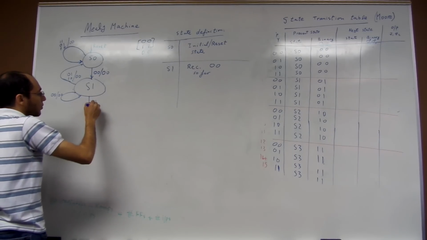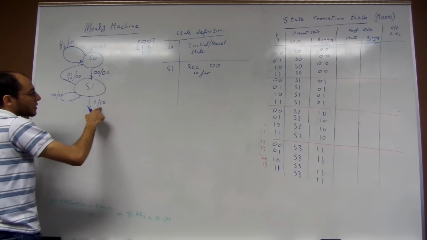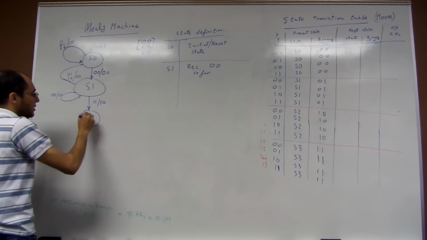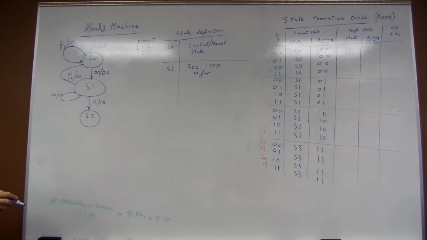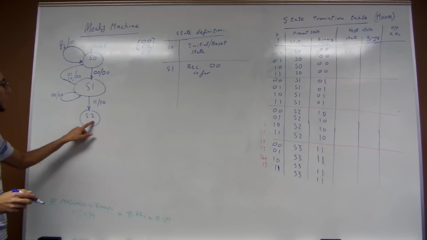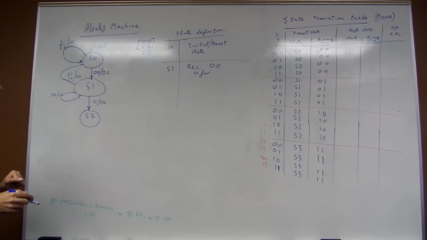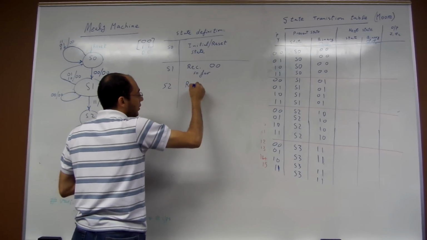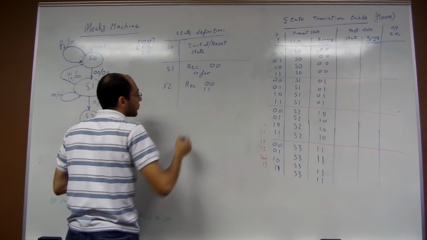Right? 1, 1, and output a 1, 0. Why output a 1, 0? Because when we receive a 1, 1, we need Z1 to be 1 and Z2 to be 0. And this is S2. Okay? S2 is the state that represents receiving 0, 0 followed by 1, 1 so far.